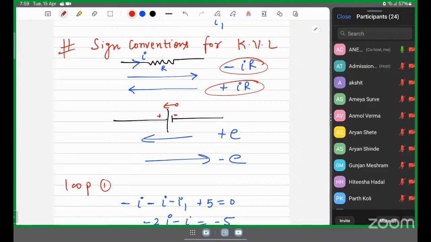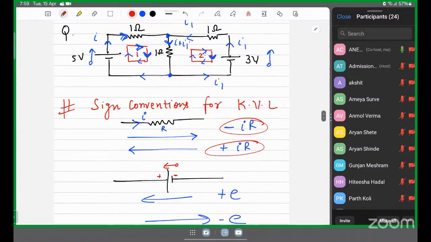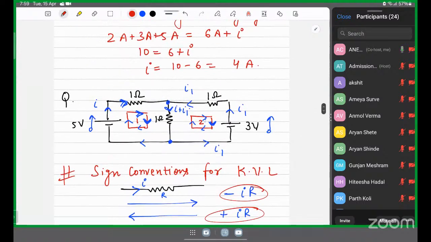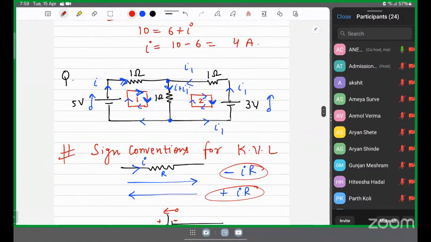Now we will apply these two rules in loop 1. In loop 1, the conventional direction of current is clockwise. If you take the 1 ohm resistor, the direction of current in it is left to right.